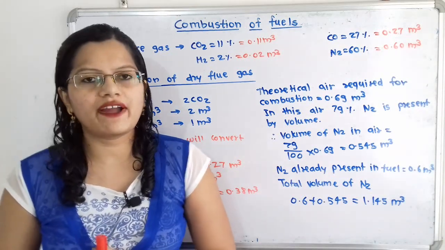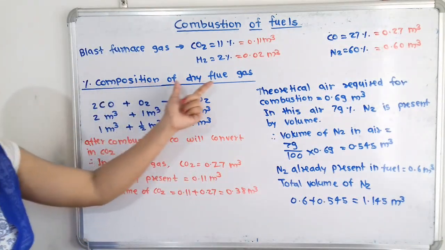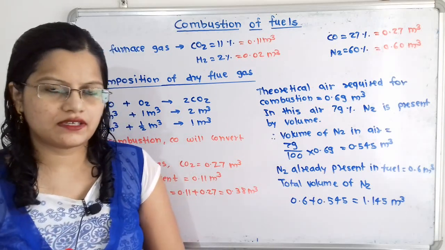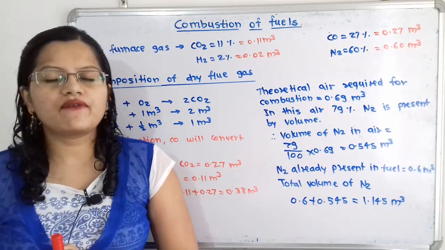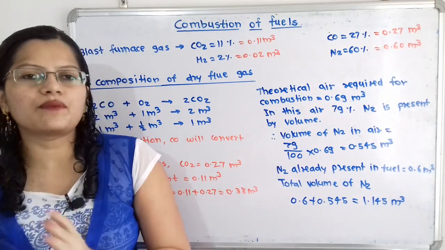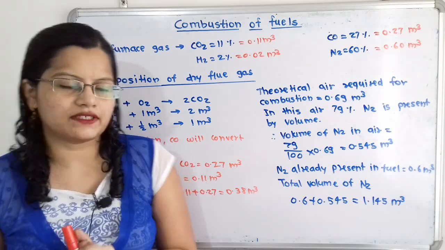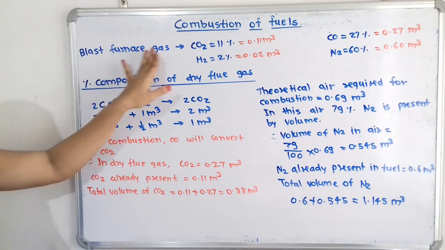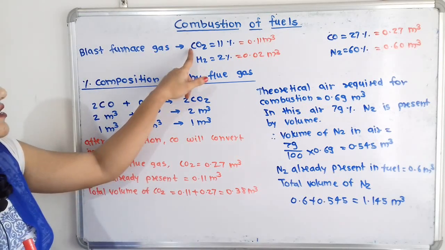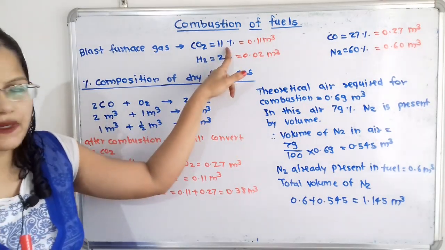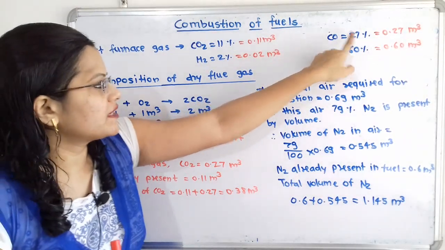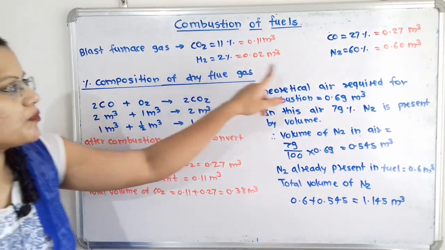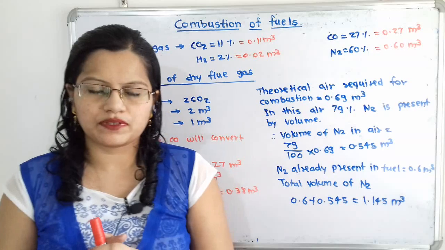Now we have to find the percentage composition of dry flue gas. For that, we will first understand how this combustion process is taking place. This is the gaseous fuel, that is the blast furnace gas, and it contains carbon dioxide 11%, carbon monoxide 27%, hydrogen 2% and nitrogen 60%.